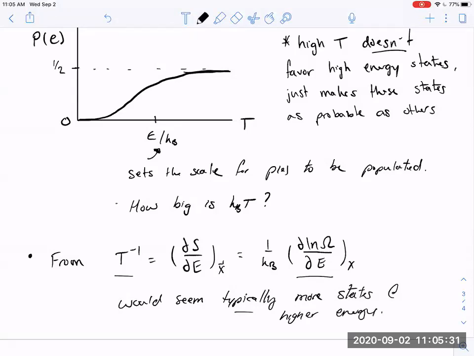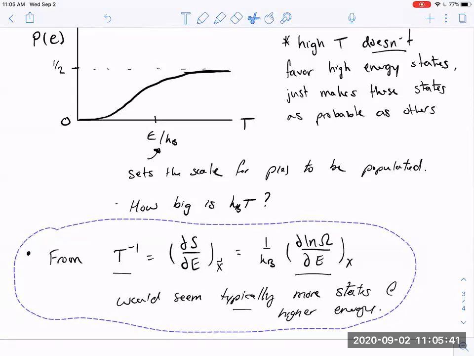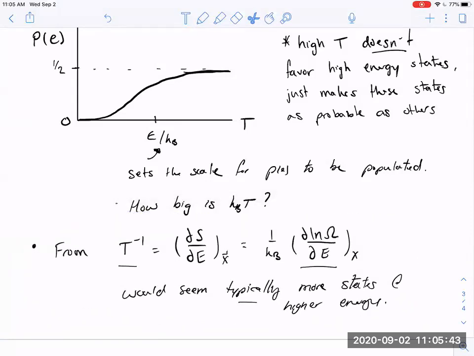We'll come back to that notion in a second, the idea that typically there are more states at higher energy. You might think to yourself, are there counterexamples of this? Are there cases where I increase the energy and actually find smaller numbers of states? Through this definition, that would imply that the temperature goes negative.